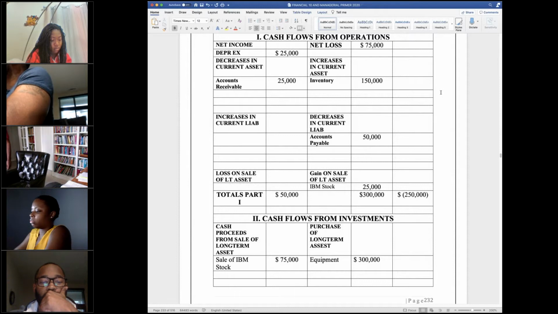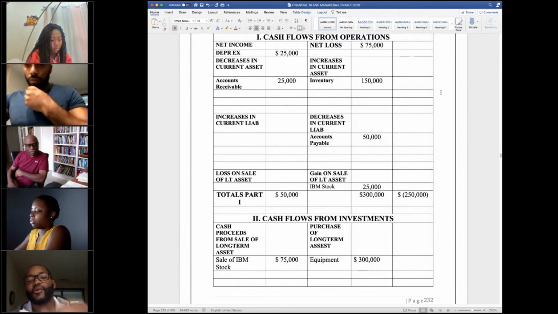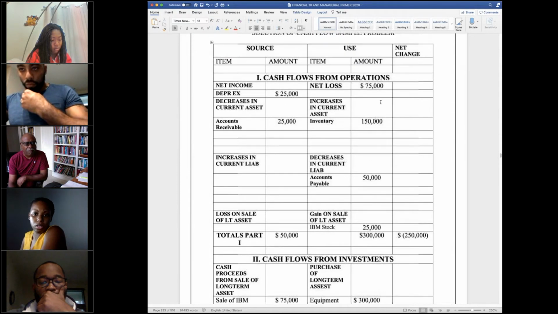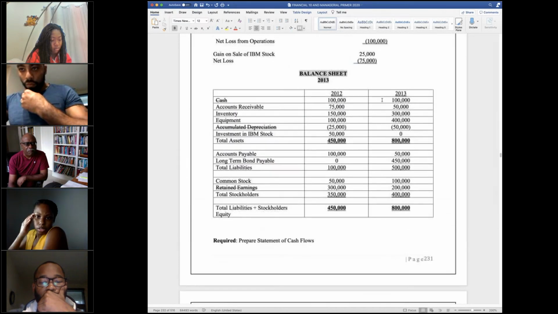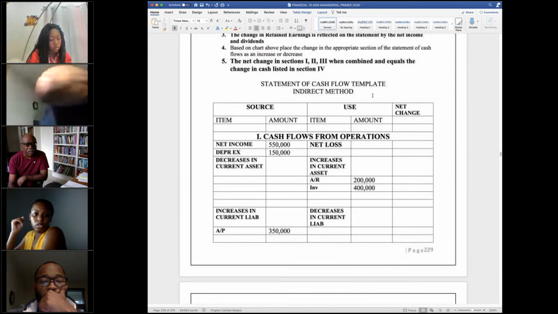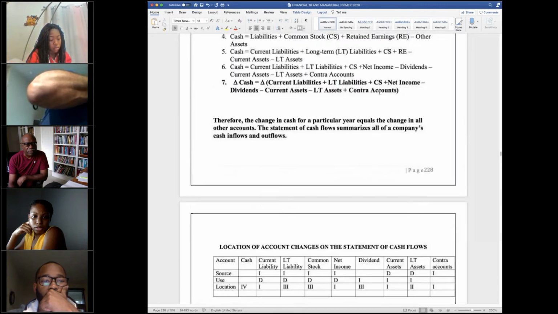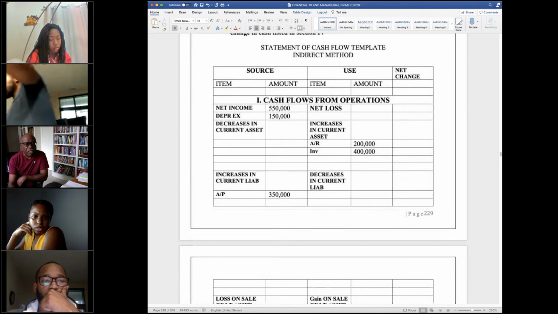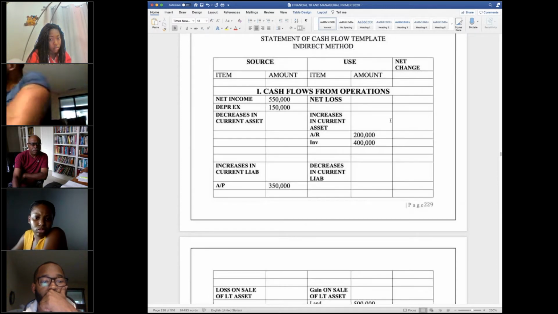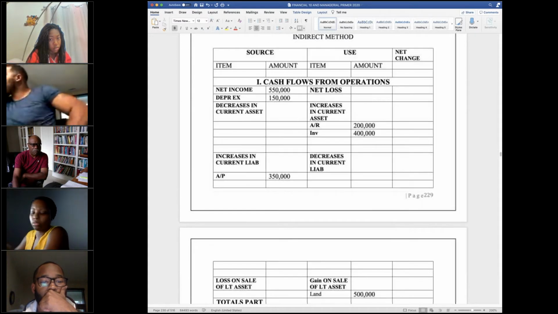So what is the cash flow from operations? Calculate the cash flow from operations. Part one.